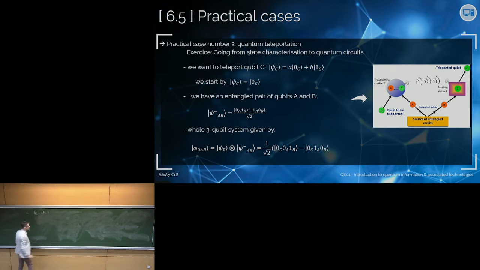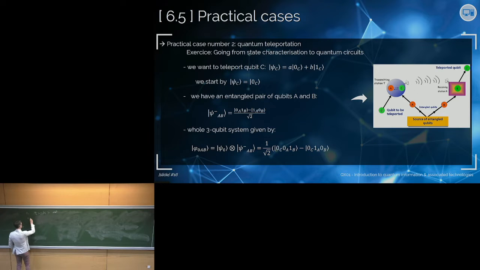Okay? So this is initialization. The reason why I write this is, as we will see today, it will lead me to the so-called DiVincenzo criteria for building a quantum computer, where initialization is the first step.